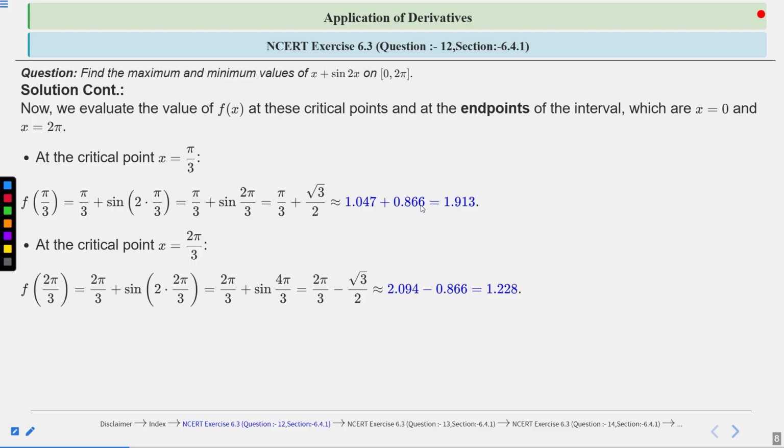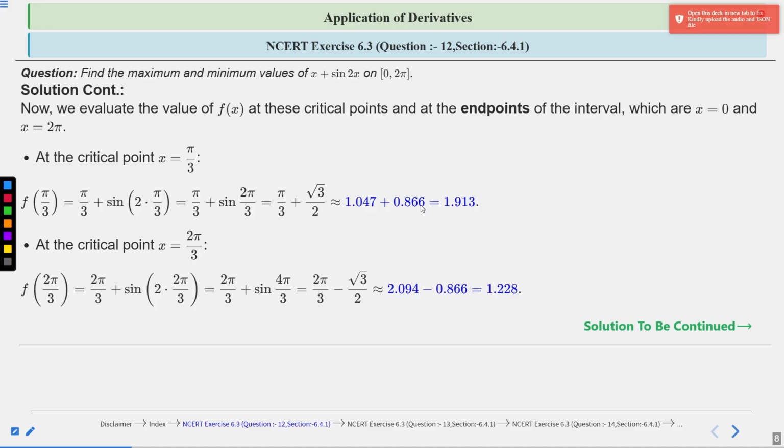This is approximately equal to 2.094 minus 0.866, which is equal to 1.228.